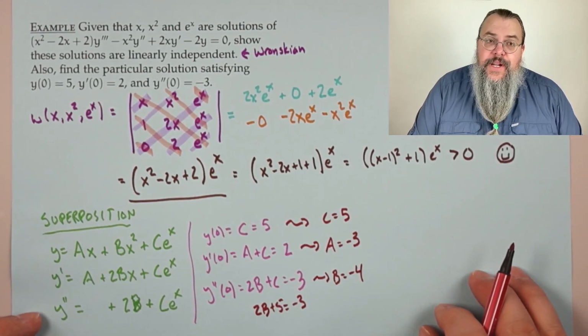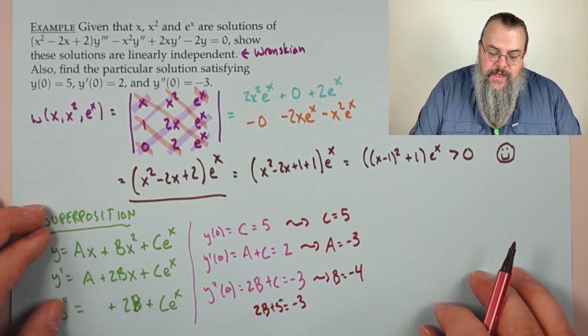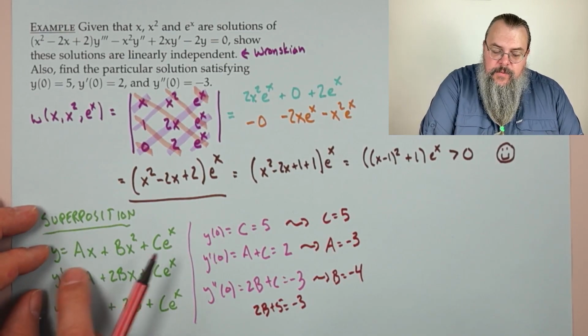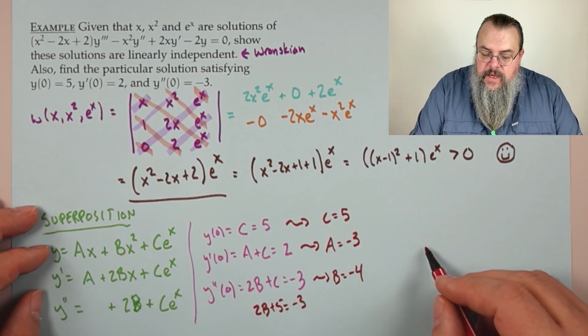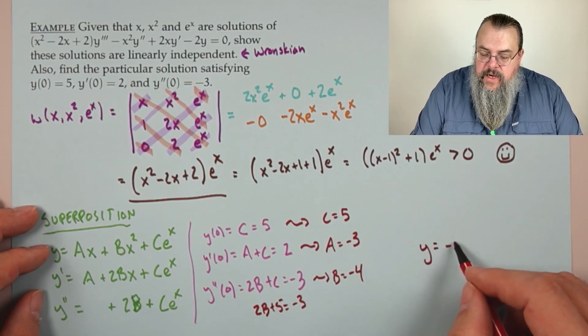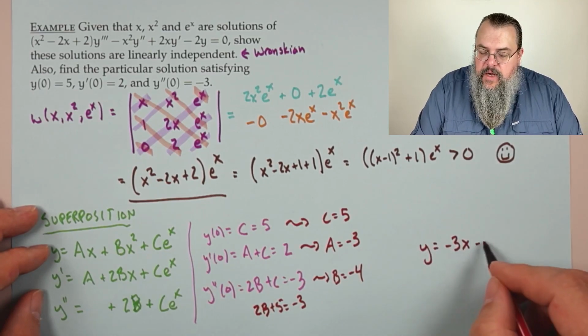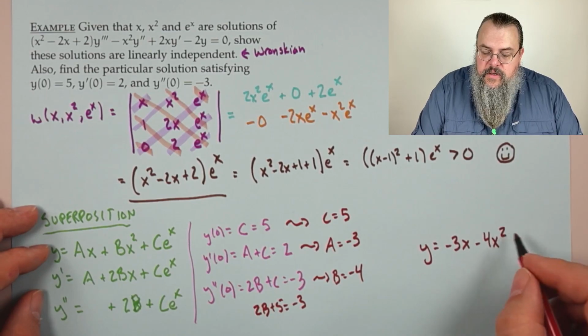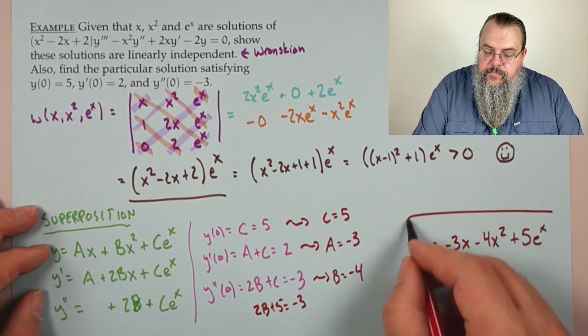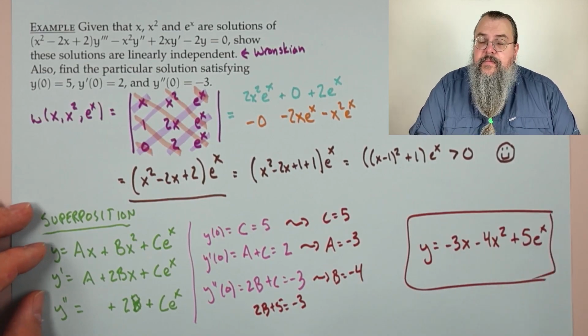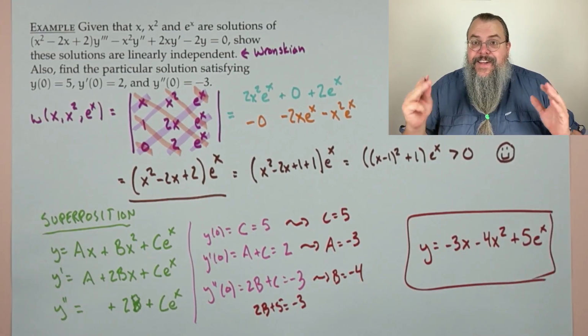So putting this all together, what do we have? Our final answer, we take our values that we found, put them in for y. So we have that y is equal to minus 3x minus 4x squared plus 5 e to the x. And we're done. That's the idea.